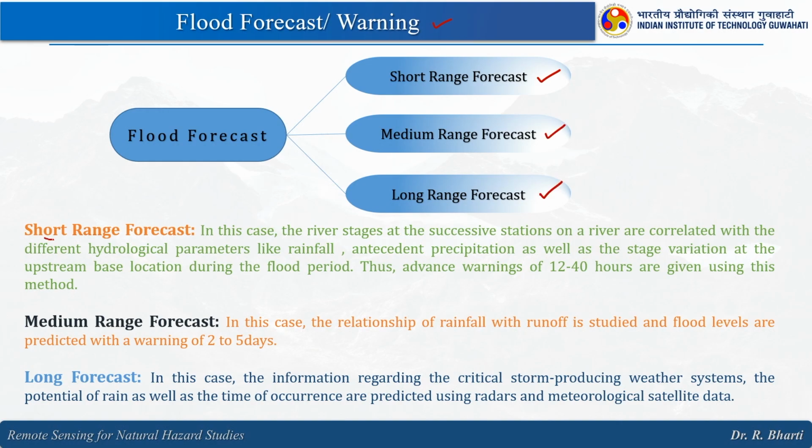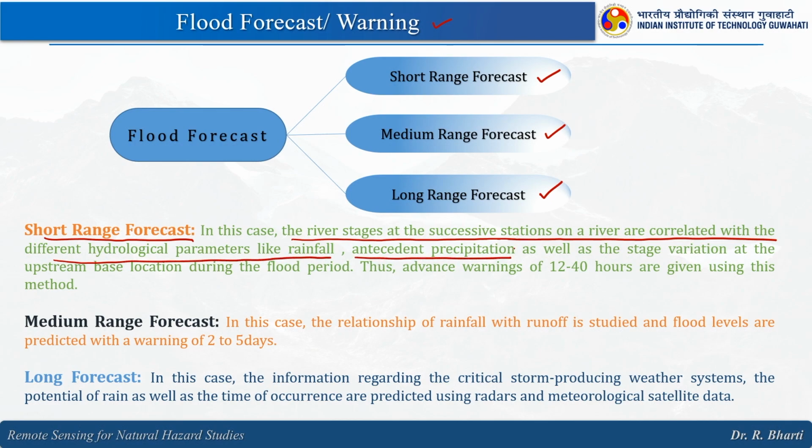When we talk about short range forecast, the river stages at the successive stations on a river are correlated with the different hydrological parameters like rainfall, antecedent precipitation, that is the condition of precipitation in the last 5 days, as well as the stage variation at the upstream base location.